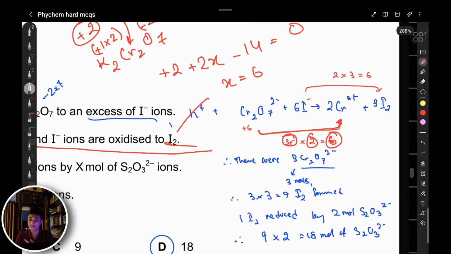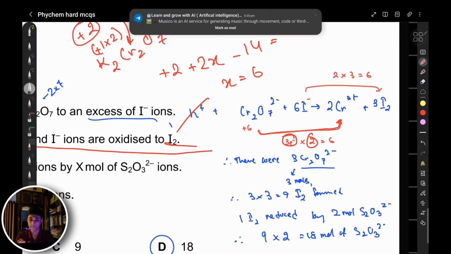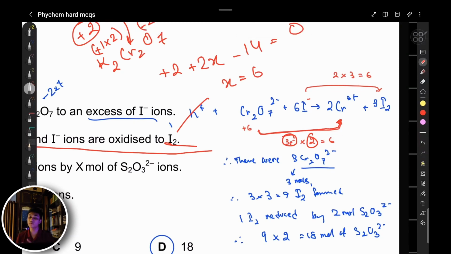So you didn't know the molar ratio or the moles of iodide ions. You can use this value, which is 6, as a way to figure out how many iodide ions are needed. So how many are there? 6. Because each iodide ion is contributing a -1 charge or 1 electron. So how many electrons do you need? 6.